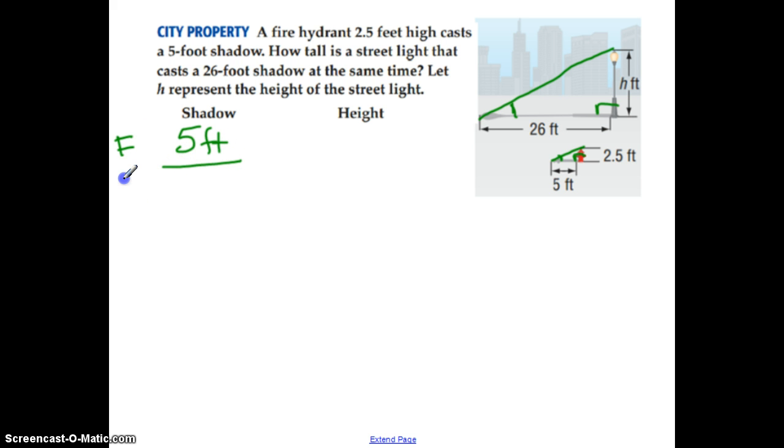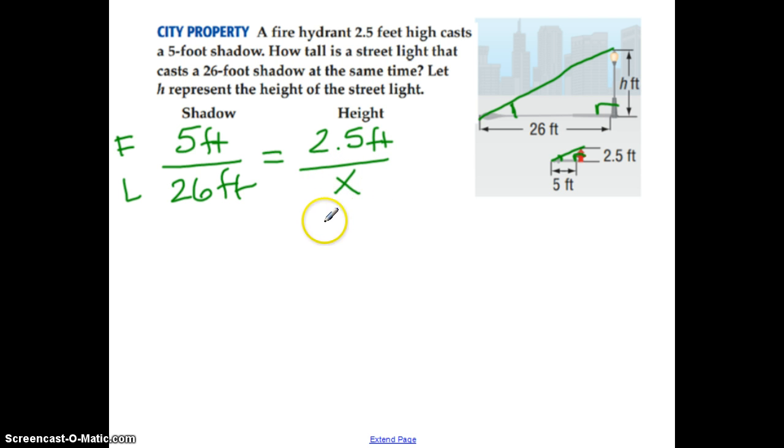For the lamp, the shadow of our street lamp is 26 feet. The height of our fire hydrant is 2.5 feet, and we have to figure out the height of our street lamp. So we're just setting up a proportion.